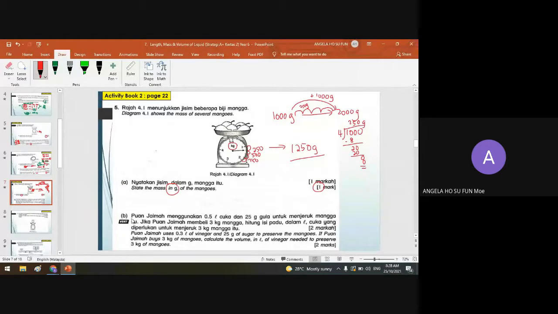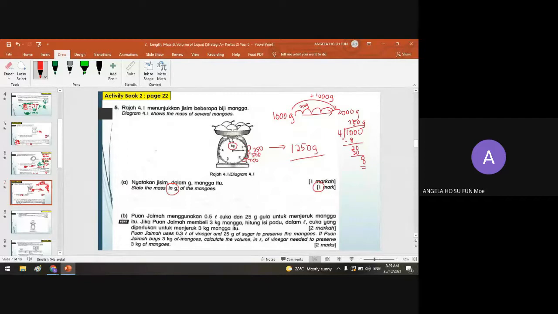Next, B. 1, Jaima uses, now maybe when you do this question, you might have a problem. If you notice, in Malay, this is 0.5 liter. In the English BI version, this is 0.3 liter. Can you help me to change this 0.3 to 0.5?